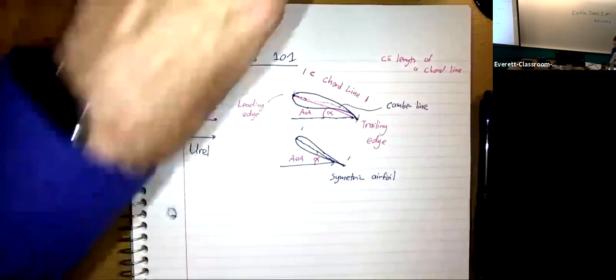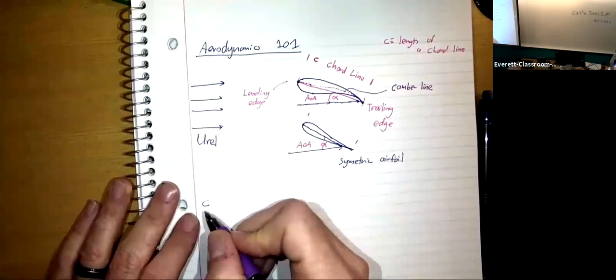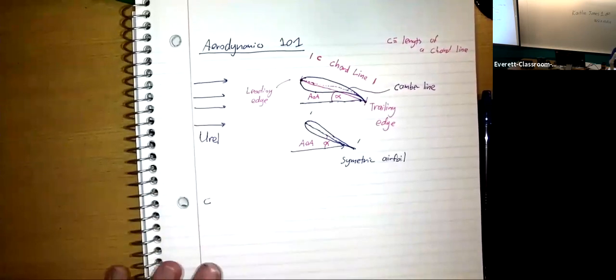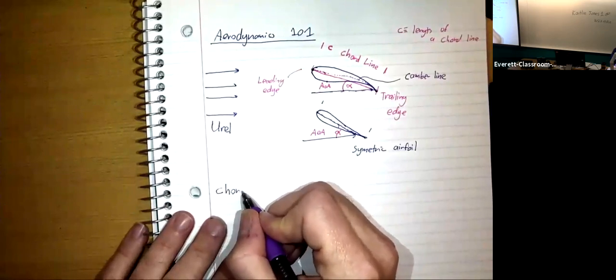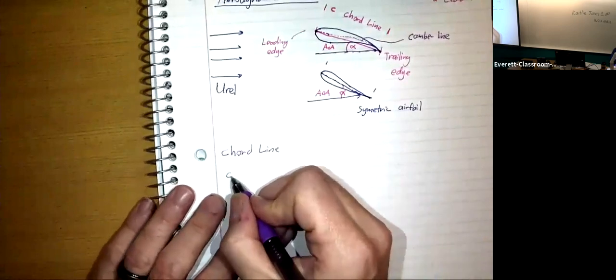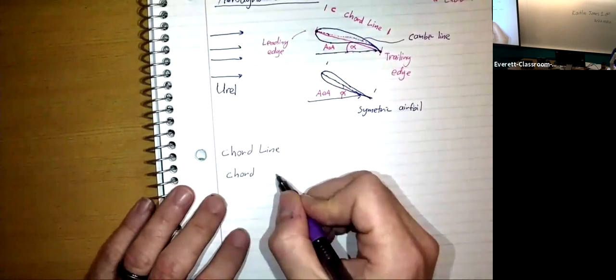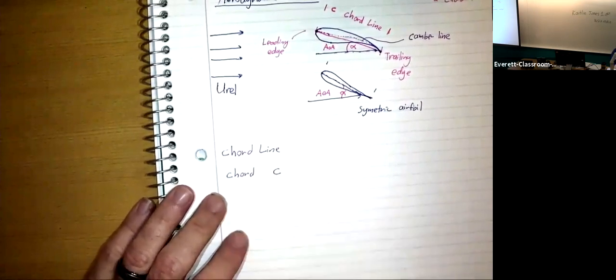All right, so I'm not going to write down these definitions because I've already said them verbally, and when I post the notes, you'll see the definition. But we have our chord line. We have our chord, which is C. The chord line is the line itself. The chord is the length of the chord line.